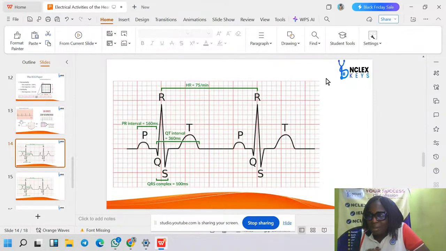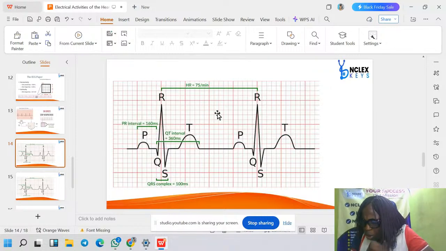In the small boxes method, you count how many small boxes are here. Don't waste your time counting 1, 2, 3. Just count how many big boxes and multiply by 5.